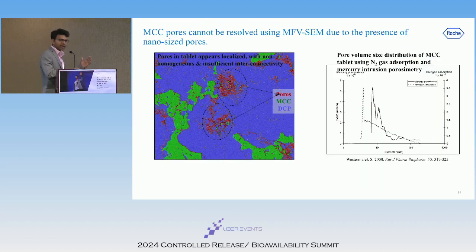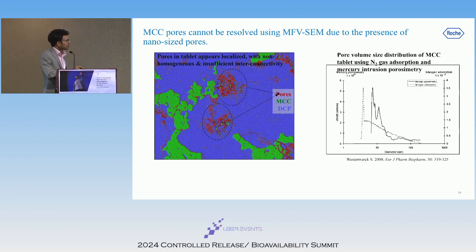So we went back and did some segmentation analysis of the binary component tablet comprising DCP and MCC. And what we see is the pores that were attributed to the DCP, which are depicted by the purple region. The pores are highly localized, which we were able to tease out from the original DCP MFV scan.